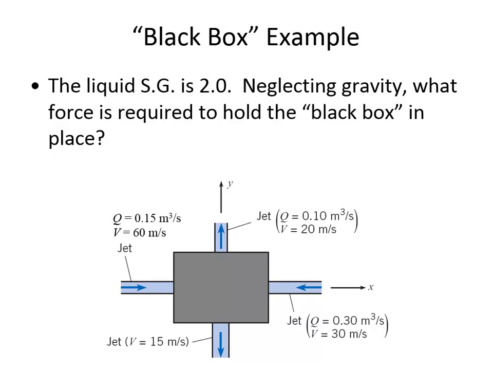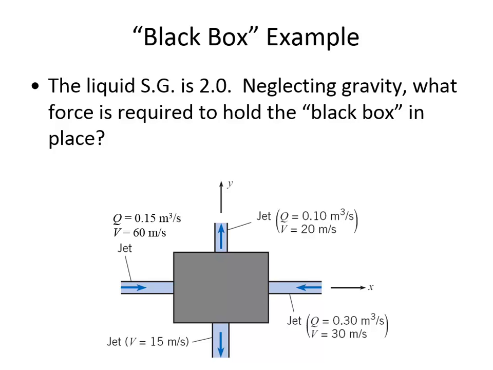That means the mass flow rate at 2 is 600 kilograms per second. And at 4, we can find the mass flow rate. 2,000 kilograms per cubic meter is the density. Multiply that by the volumetric flow rate of 0.15 cubic meters per second. And that gives us 300 kilograms per second as the mass flow rate going in at 4.